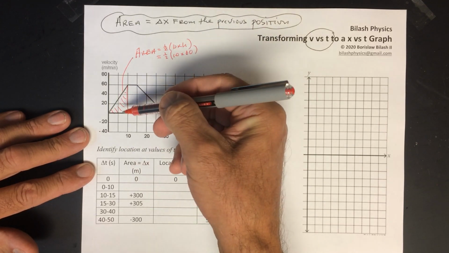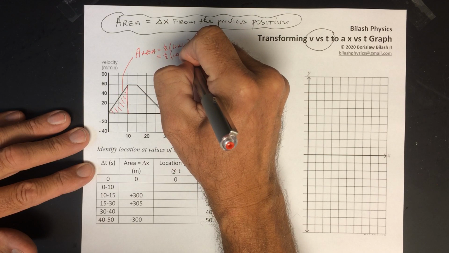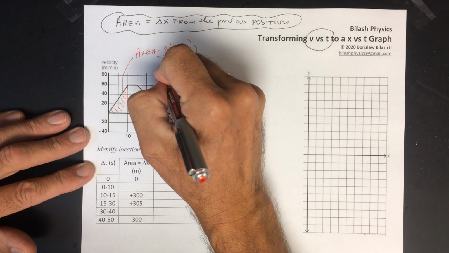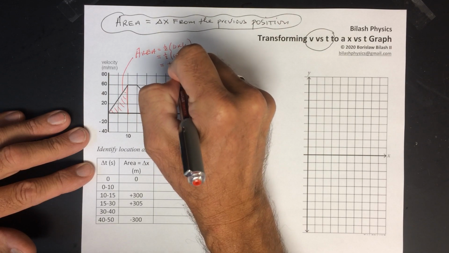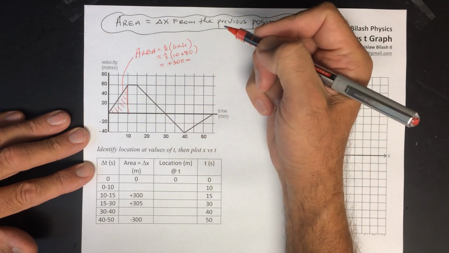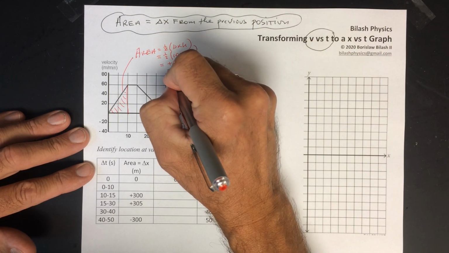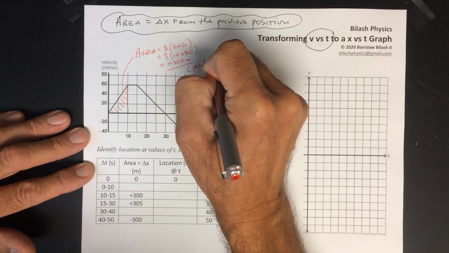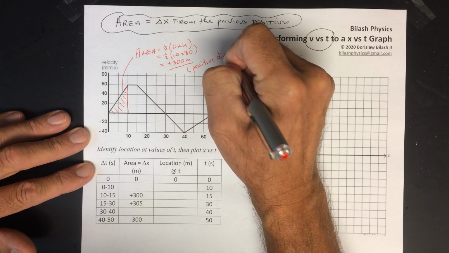Now, it's positive 60 because it's positive velocity, so I'm going to put that positive in there. And that's going to work out to positive 300 meters. And the positive right here indicates that the object is moving in the positive direction.